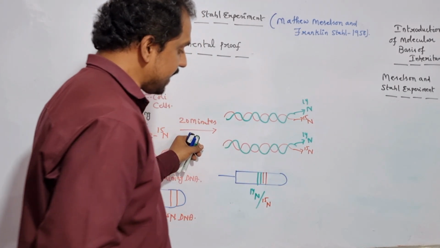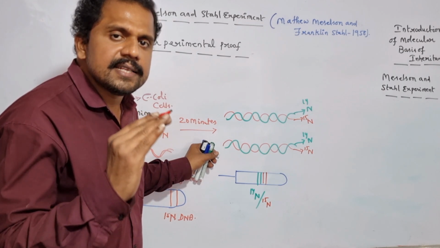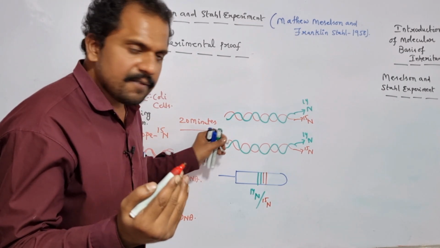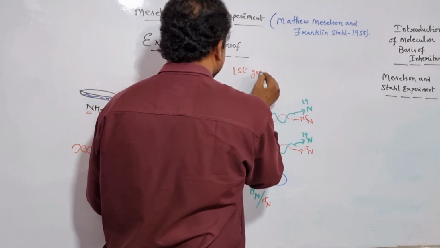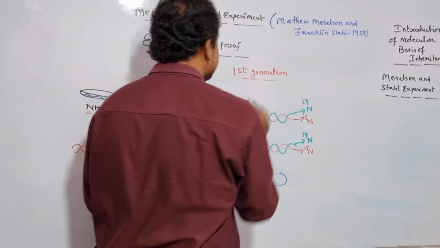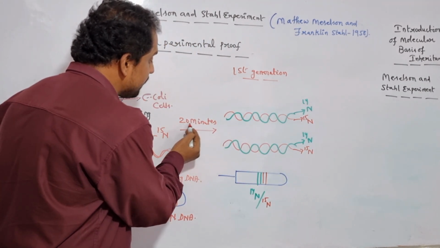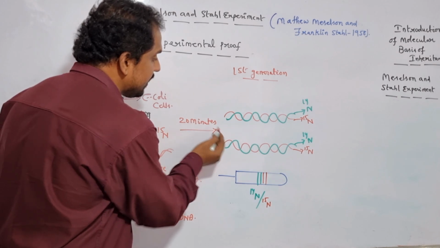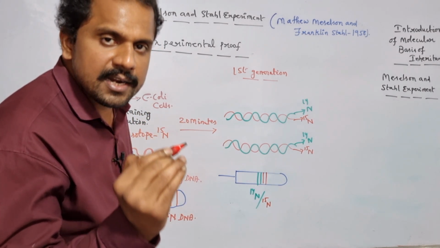Then after, in the second generation, again they repeated the same protocol, but the generation time was doubled. In the first generation, the generation time was around 20 minutes. So here, when the generation time was around 20 minutes, under such condition, the E. coli cells were capable of regulating the production of two daughter double-stranded DNAs.